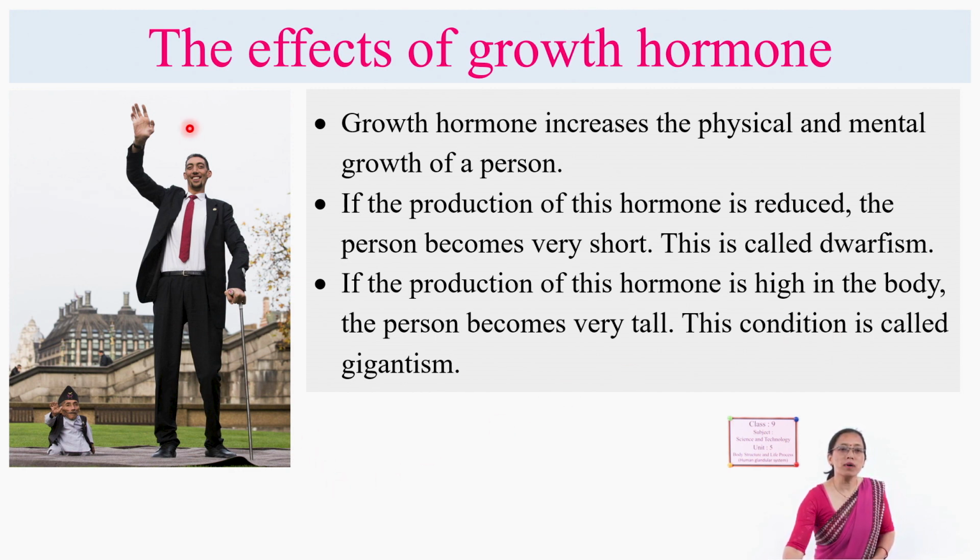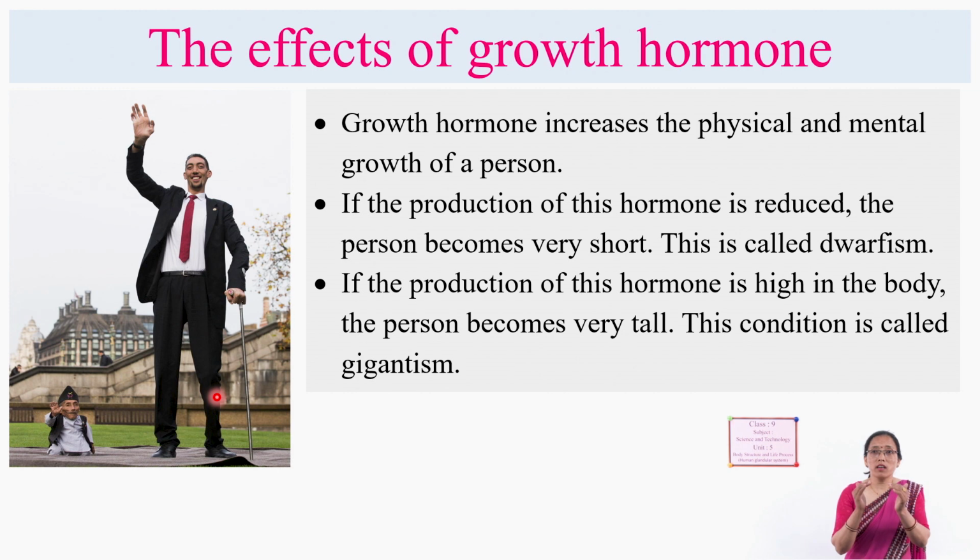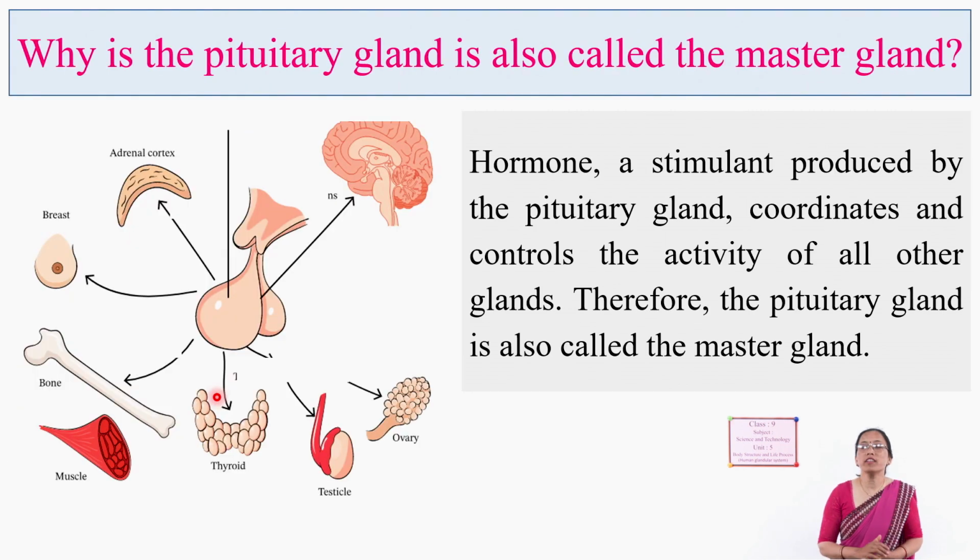Okay, this person is suffering from gigantism. He is not normal. These two people are abnormal. One is suffering from dwarfism and another person is suffering from gigantism. So, the hormones should be produced in a balanced amount. Otherwise, there are different kinds of problems we face, as we have discussed in a previous class too.